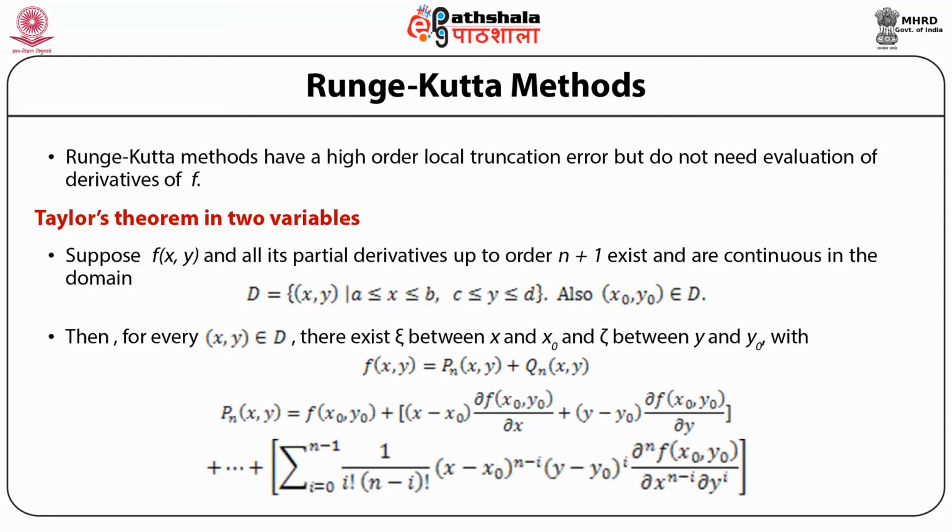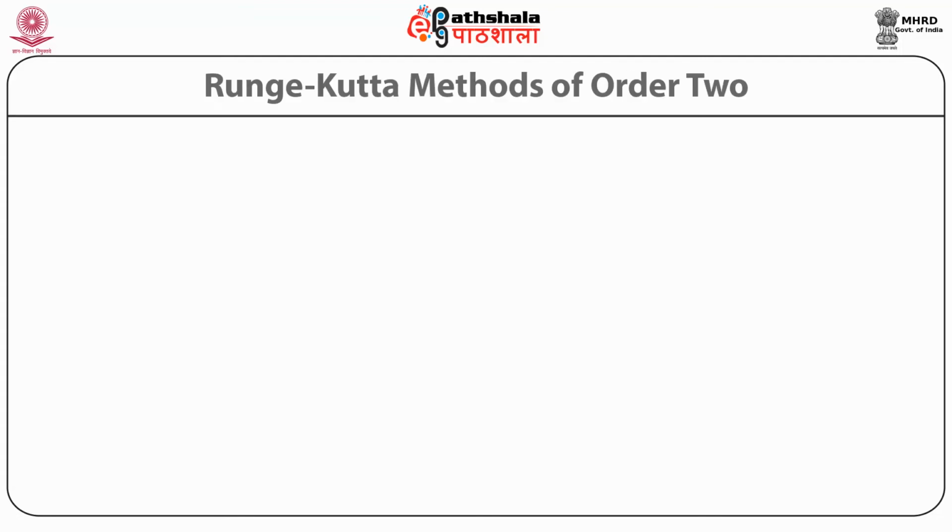So P_n(x, y) can be written as f(x_0, y_0) plus (x minus x_0) ∂f(x_0, y_0)/∂x plus (y minus y_0) ∂f(x_0, y_0)/∂y, and so on. Runge-Kutta method of order 2.